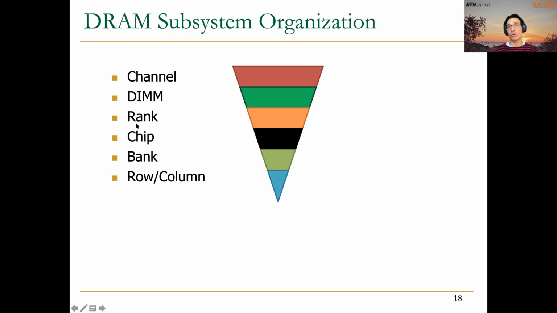Inside these memory modules, we have one or two ranks. Typically, these ranks are composed of memory chips, and inside the memory chips, we have memory banks. And then the banks are two-dimensional organizations of DRAM cells, organized into rows and columns. So let's go step by step, reviewing all these levels of the DRAM system organization.